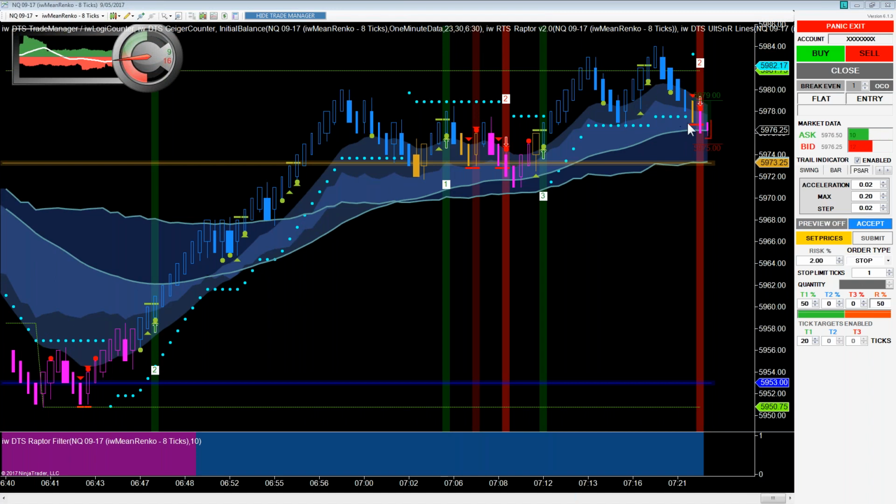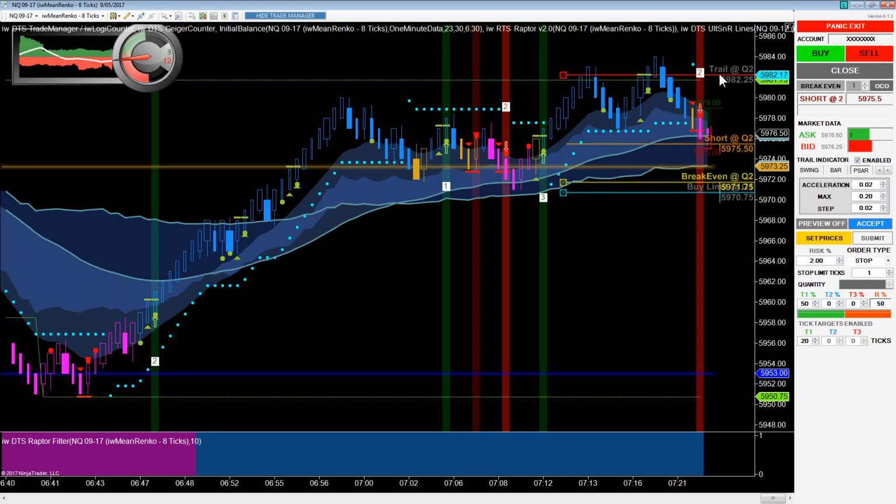Oh, and here now we come back with a number 2 signal. So now this is interesting. We didn't follow through to the upside, so now we come right back with a counter trend signal.